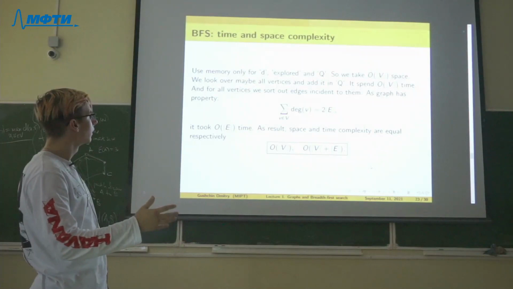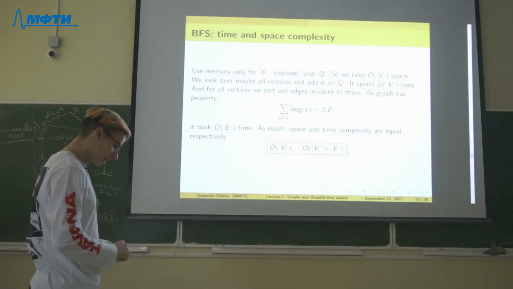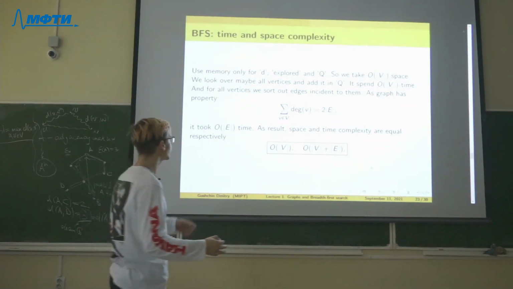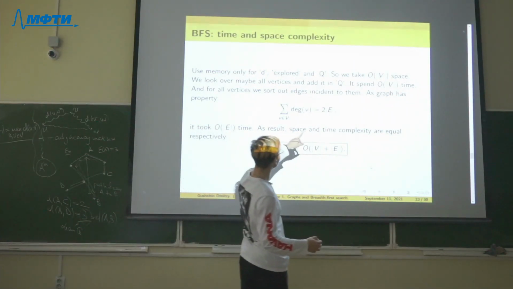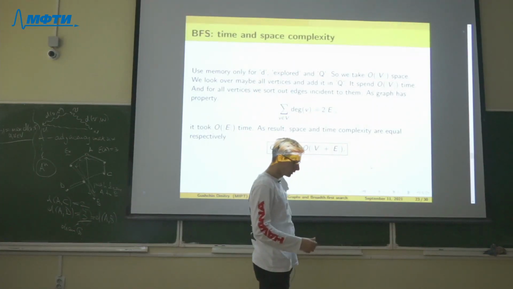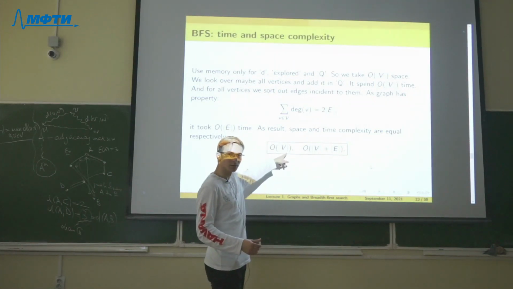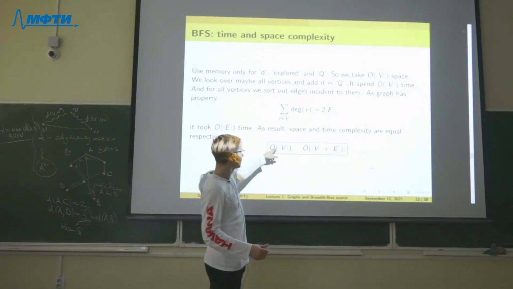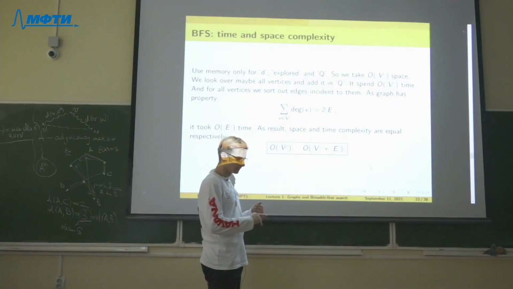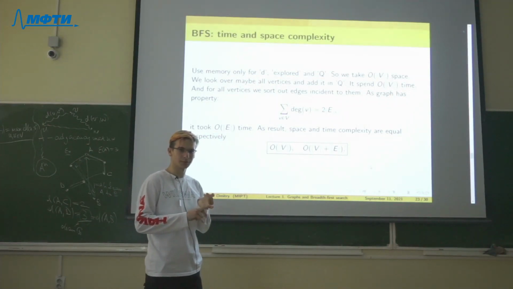As we understand, we can count all vertices in Q, so we need to use a number of vertices of space in Q. And we need the number of vertices of space for array D and array explored.